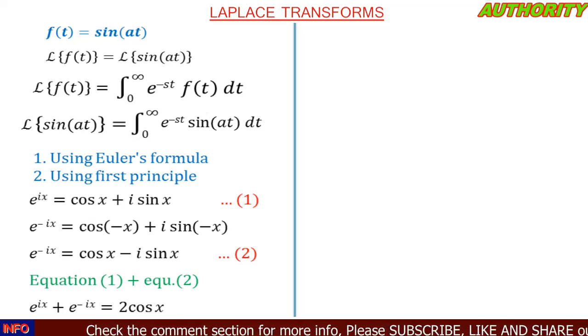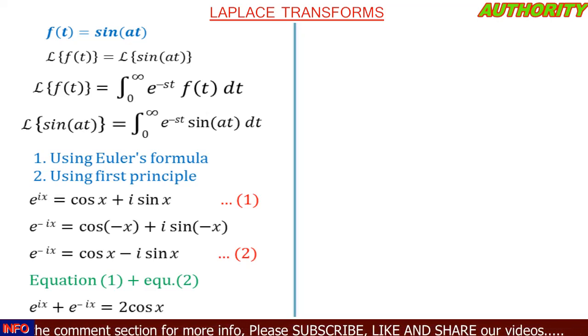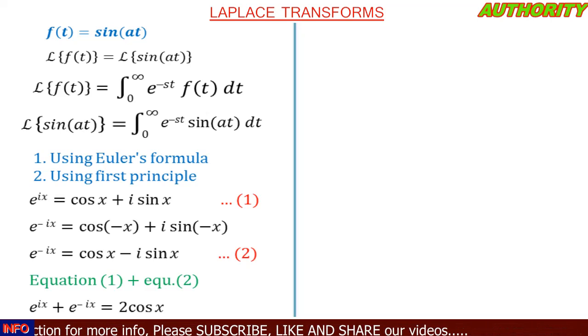In the first one we have plus i sine x, and in the second minus i sine x, so these give 0. Here we have cos x plus cos x, which gives 2 cos x.